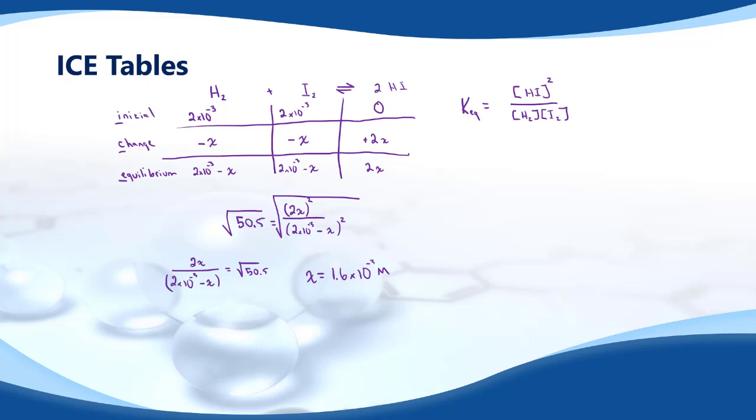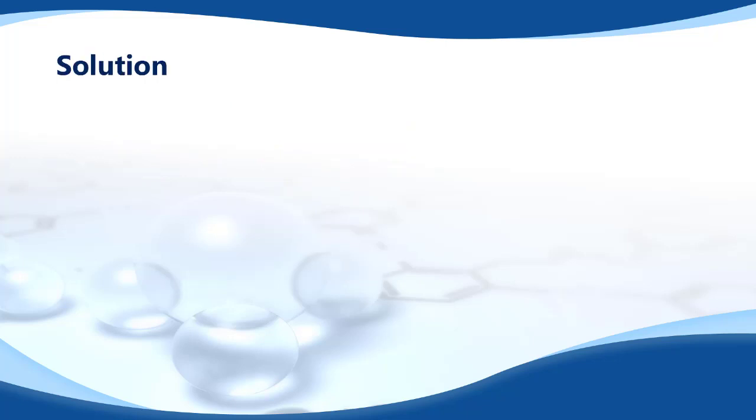Now all we have to do is put it back together. So this right here is how you use an ice table. Now we'll put it all together with that 1.6 times 10 to the minus third. Right, so for our solution, from our ice table, we know the following. We know that the concentration of hydrogen at equilibrium is 0.002 minus x.